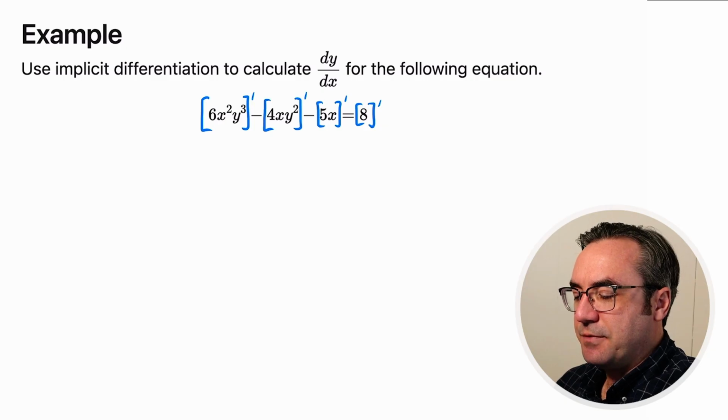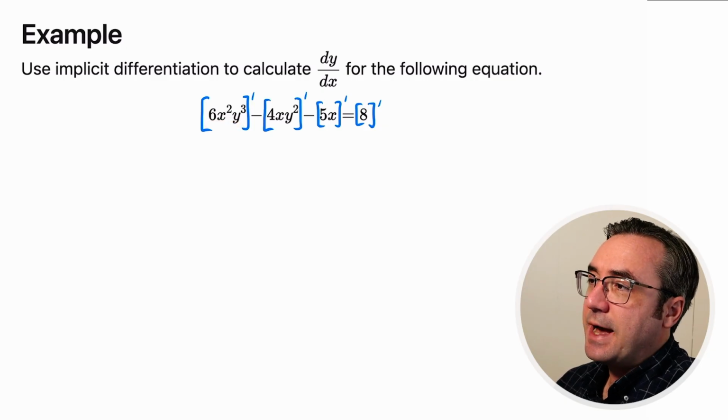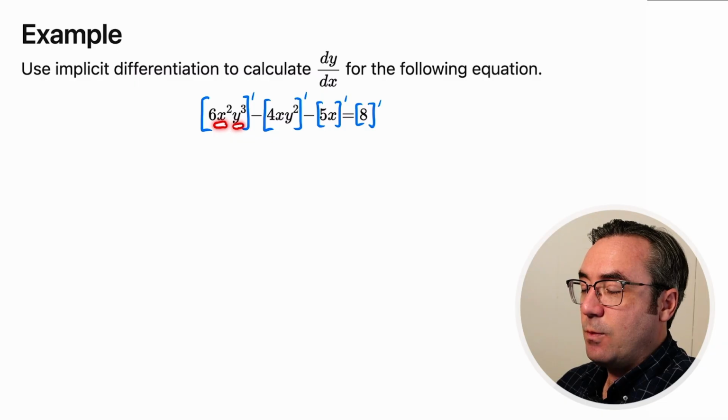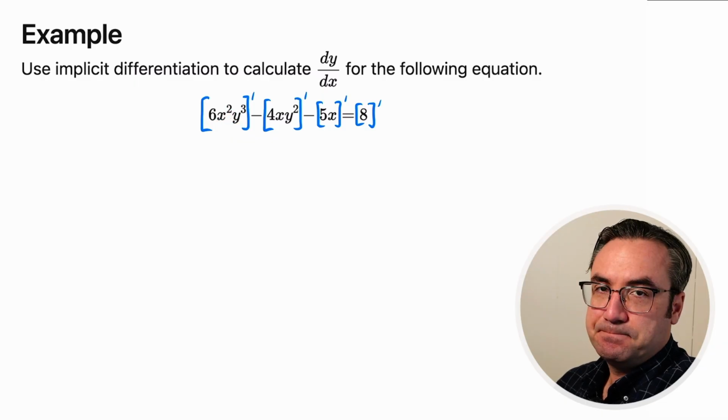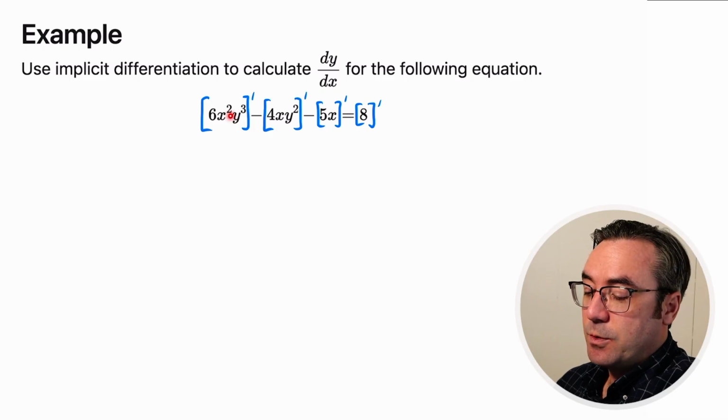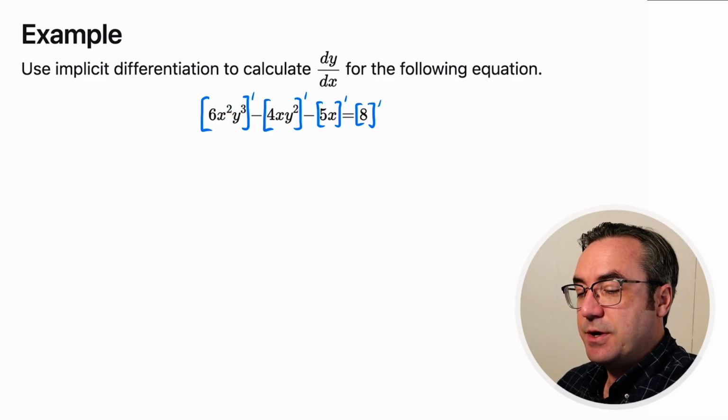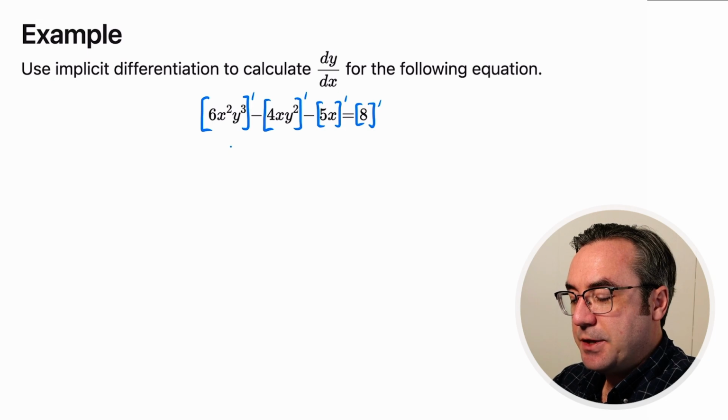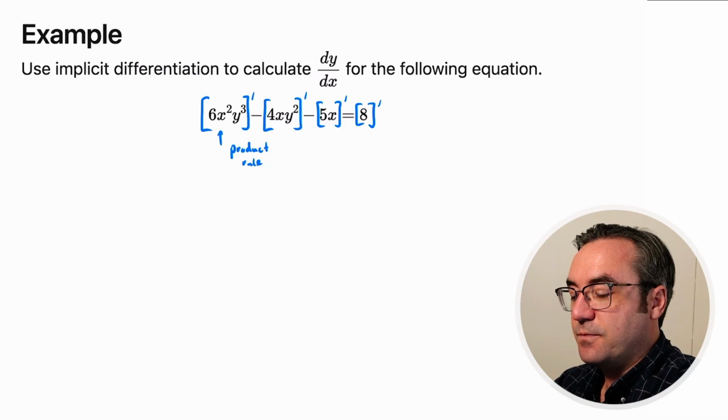And what do we have? Well, inside there's an x term and a y term, and we're multiplying. When we're multiplying variables like this and we want to differentiate, we've got to use product rule. So we're going to use product rule for this one.